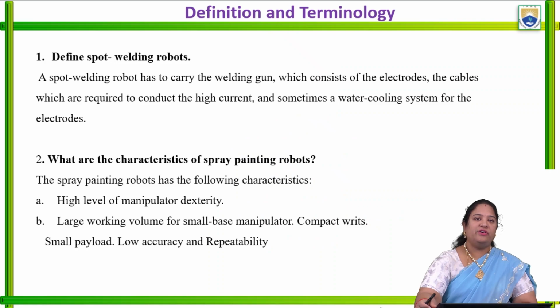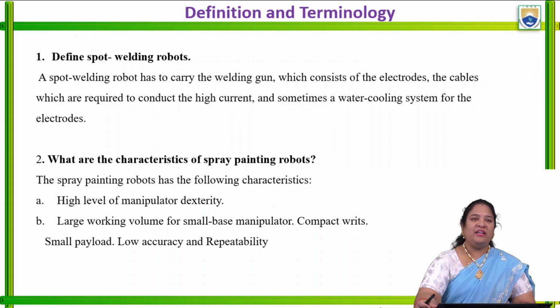Right. So firstly, what do we mean by spot welding? Spot welding is one of the applications in which the robot plays a very important role, where the work constraint becomes easier and the time constraint is reduced, due to which the cost to produce n number of products will be reduced.